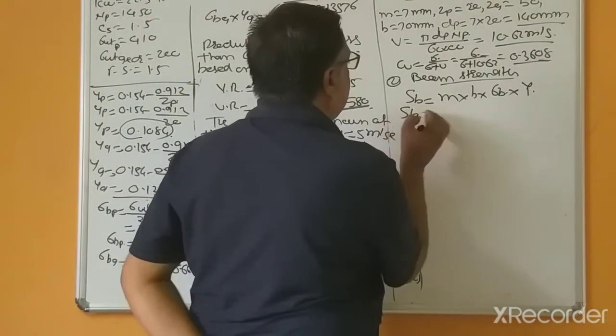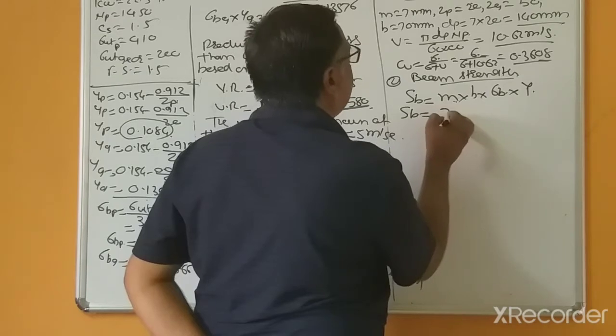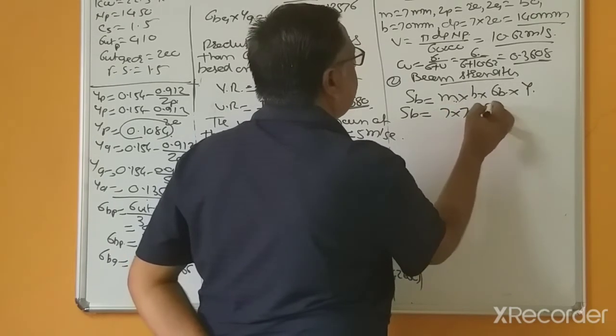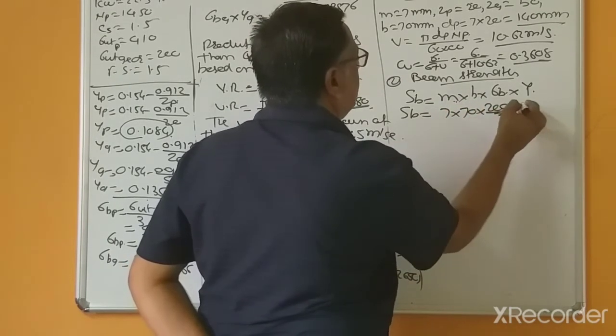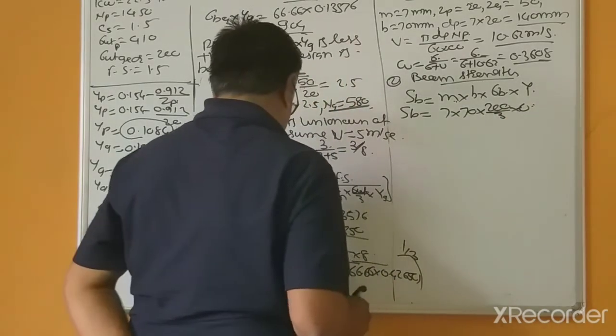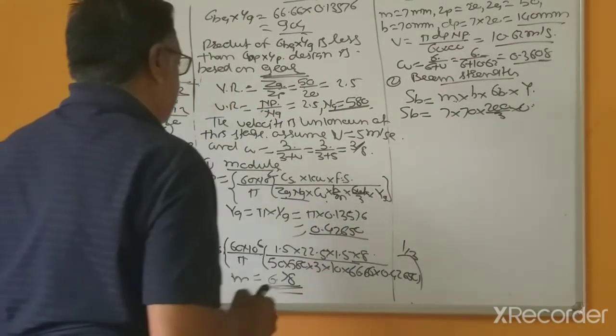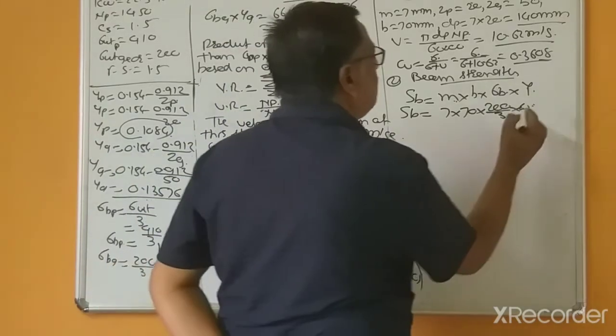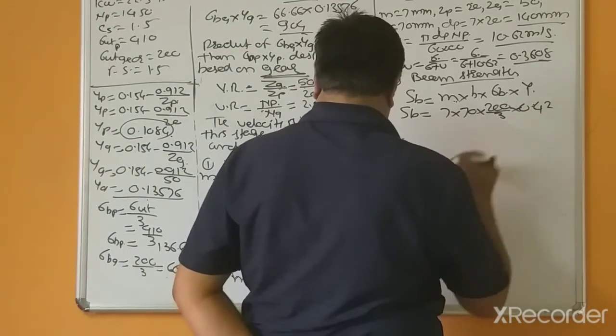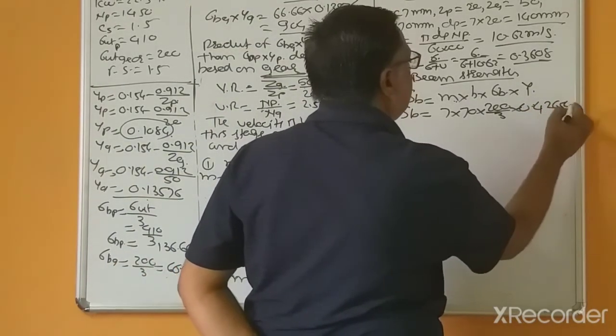So that's why beam strength equal to, so this is 70, this is 200 divided by 3, multiplied by pi, this 0.42, this is capital 650.